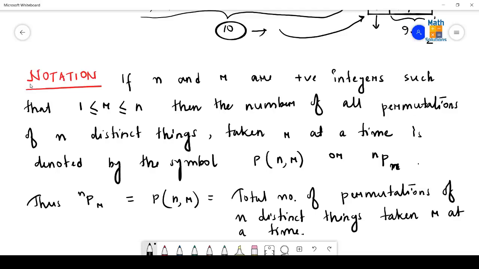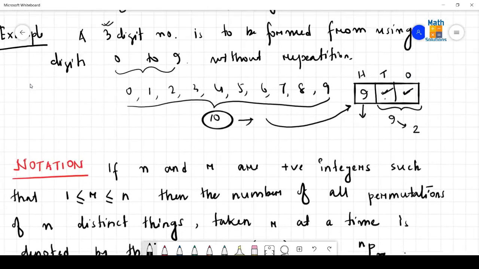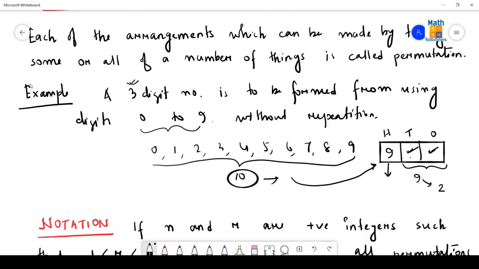Let us come back to the previous example now. In this case, what I told you is that for the last two places I have 9 options left in my hand, because out of 10 options I had already taken one option for the hundreds place. So from the remaining 9 options in my hand, I have to choose 2 options for these 2 places.